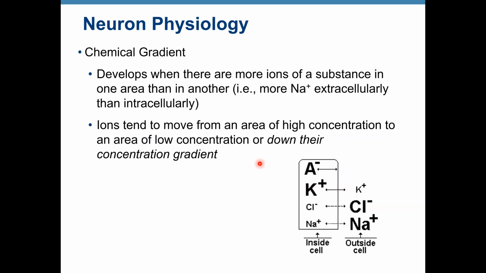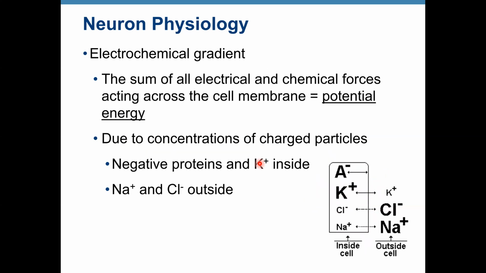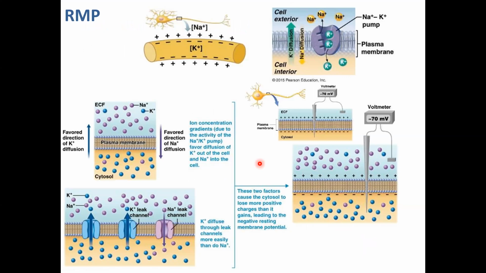Okay, so let's go back over here. We will look at this picture again. Because of this sodium-potassium pump, there is separation of sodium and potassium. And this is our chemical gradient. Now, chemical gradient is not electrical gradient. It's not good enough for us to have this electrical impulse.